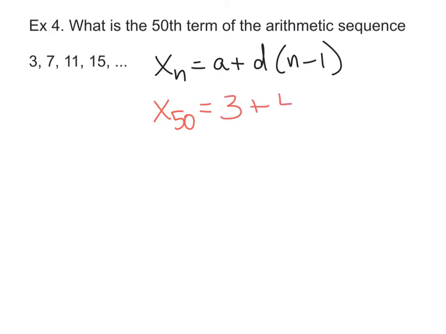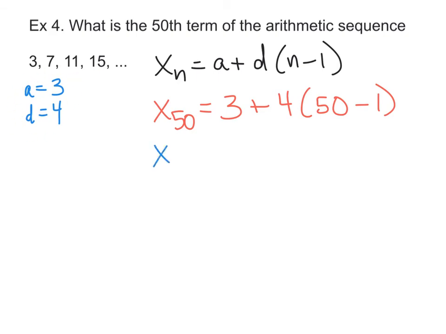I'm adding 4 each time, so I'm going to put 4 in for d. I could have simply written to the side, a equals 3, d equals 4, because there's plus 4, plus 4, plus 4. In case you might want to do that if that helps you organize.